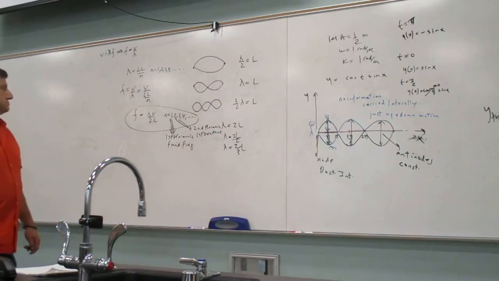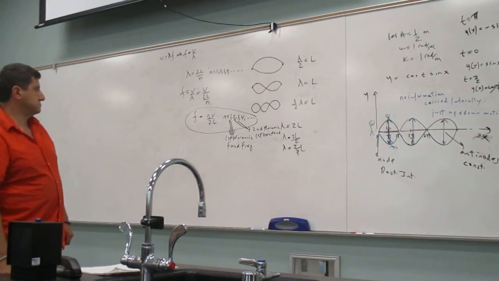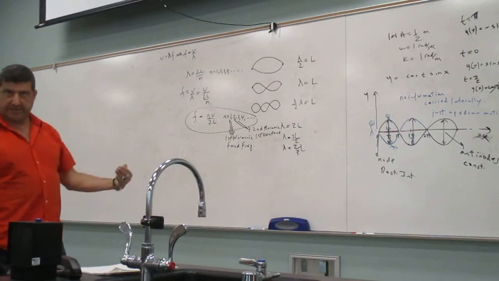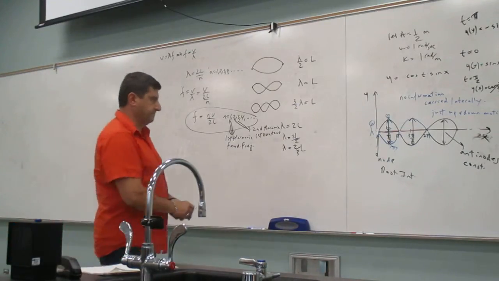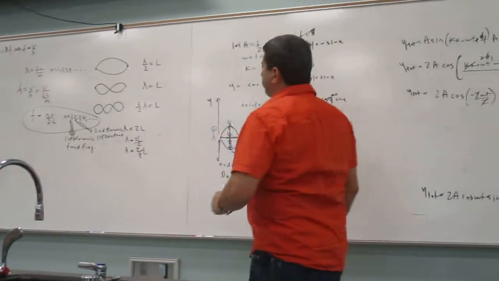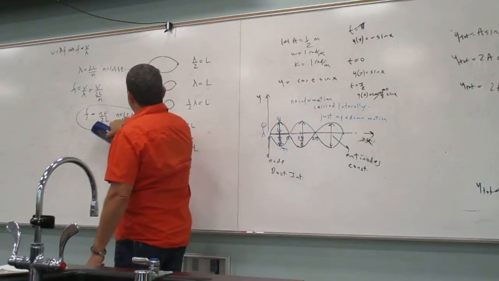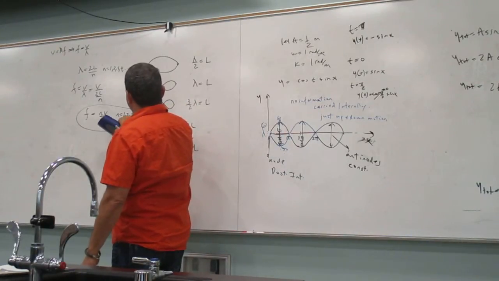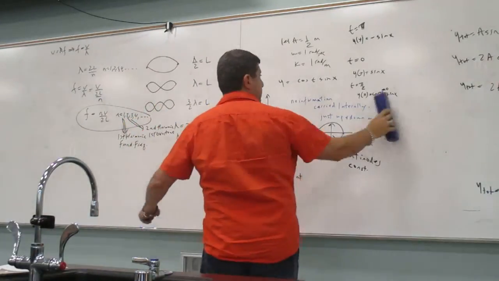Because it's one overtone above the fundamental frequency, right? And then after that, the pattern repeats. This one would be the second harmonic, first overtone, third harmonic, second overtone, fourth harmonic, third overtone, right?